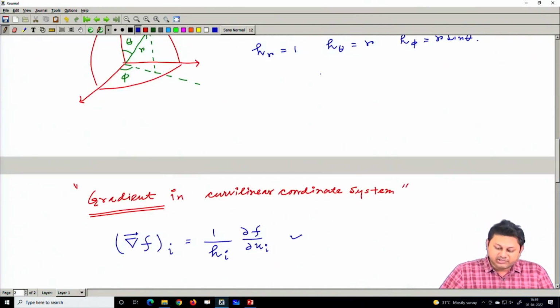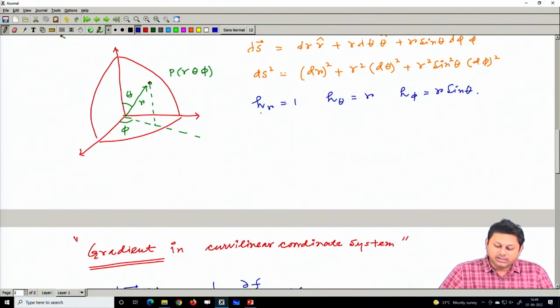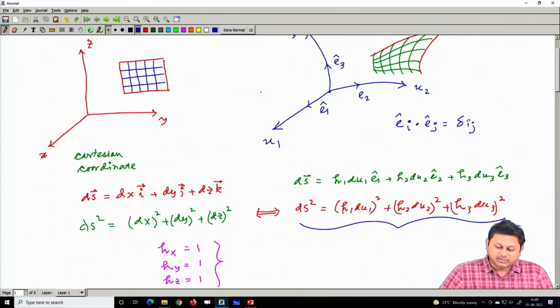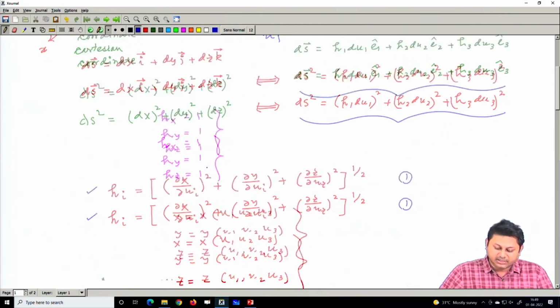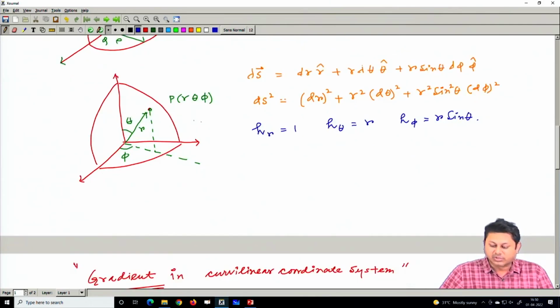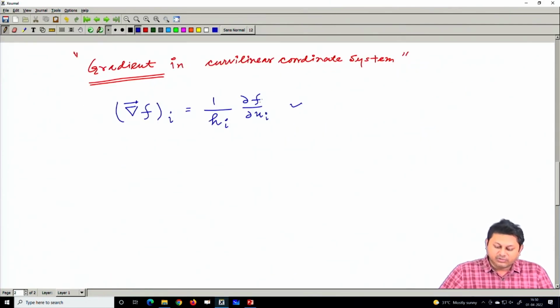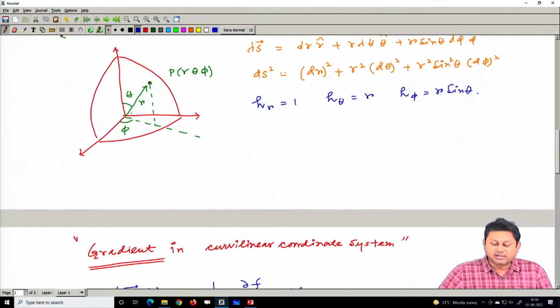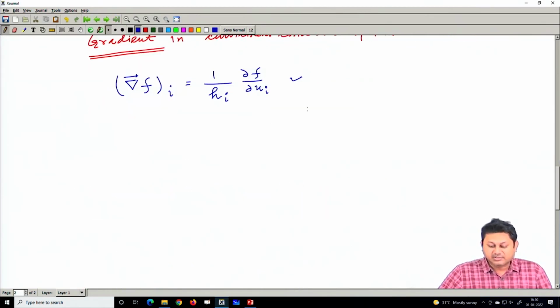Now, for these 3 coordinate systems, I know the scaling factors, starting from the Cartesian coordinate system, and here I know the scale factors for the cylindrical coordinate system and the spherical coordinate system. So, using that you can figure out what should be the expression of the gradient in these 2 specialized coordinate systems, cylindrical and spherical. So, this is the most generalized form. So, you can exploit that.